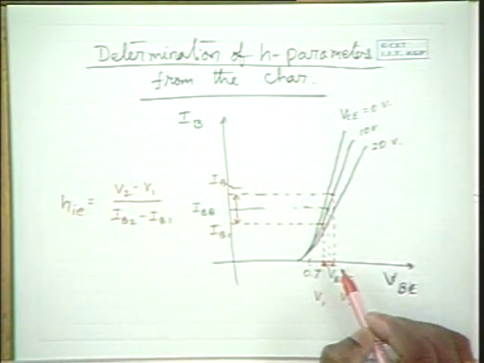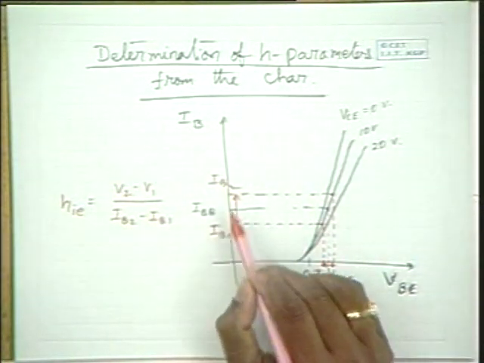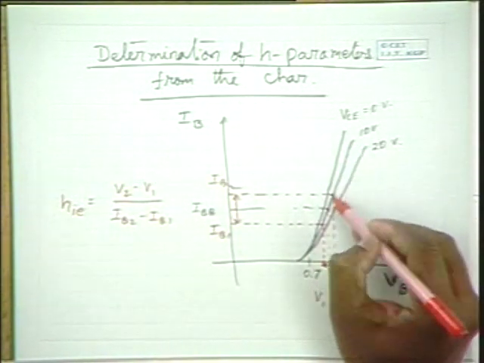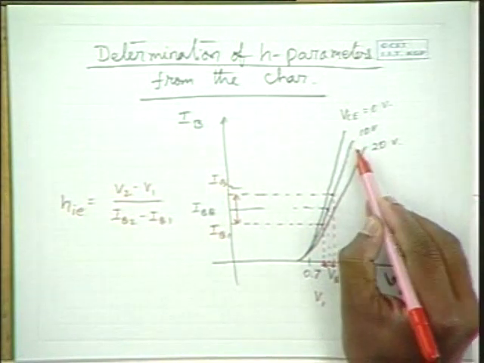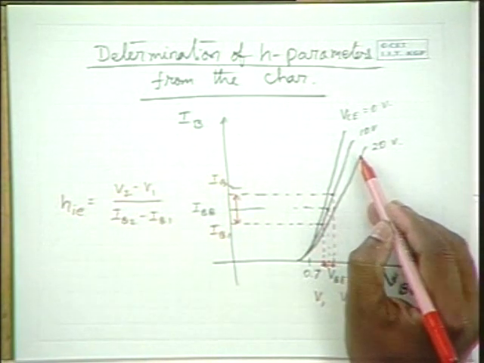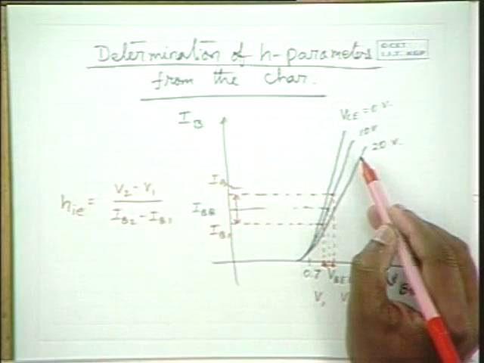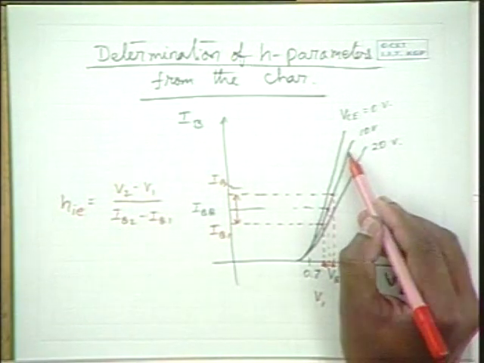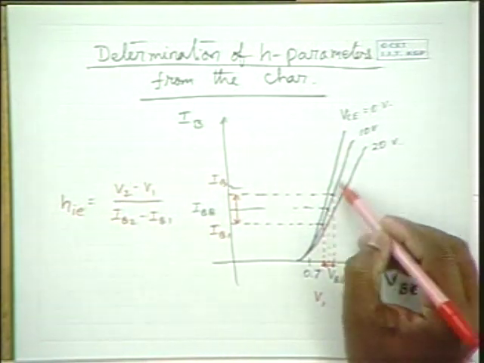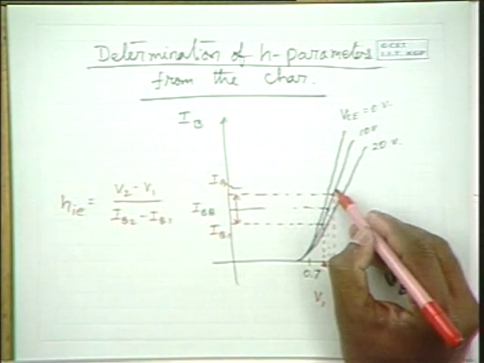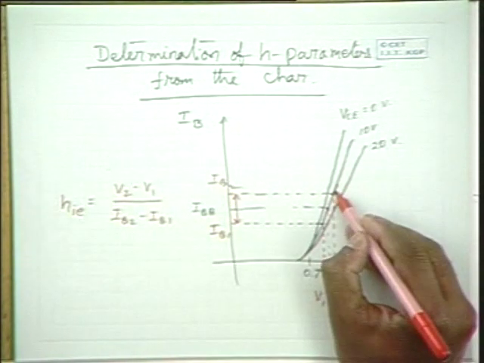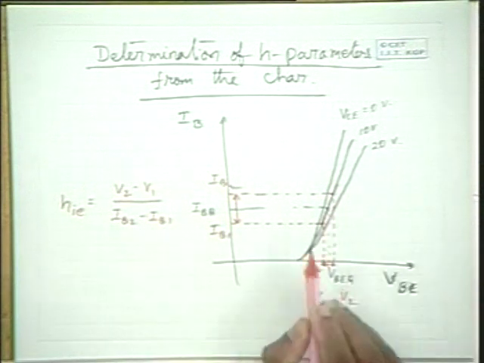So this is the input AC voltage to AC current ratio when VC is maintained constant at 10 volts, VCQ itself. That means the alternating output signal is 0. So HIE is the slope of this characteristics around the Q point.